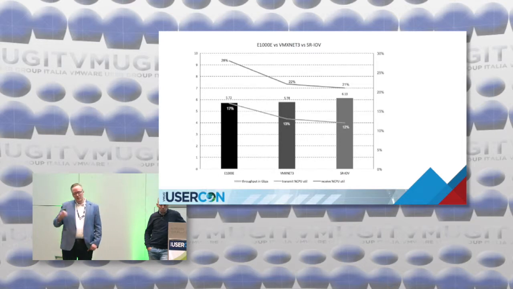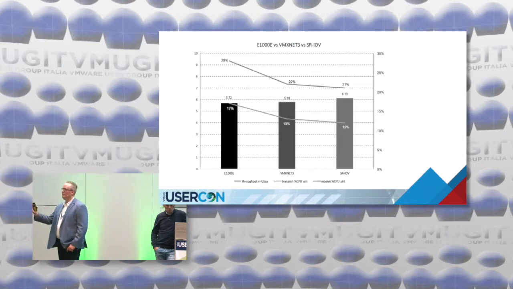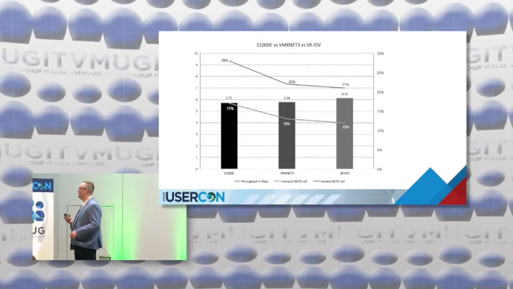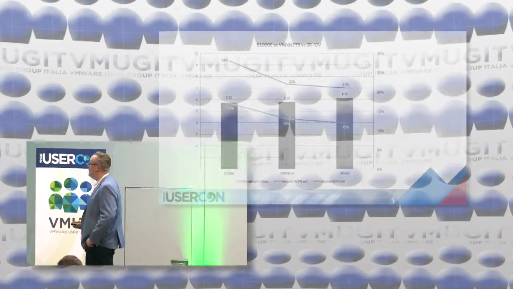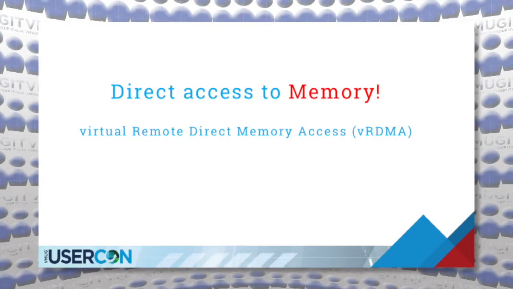Now, if you want to take it a little bit further, we luckily have some innovation going on within vSphere that allows you to directly talk to memory. That is where it's getting interesting, right? This is a new feature, released with the 6.5 release of ESXi: virtual remote direct memory access, or virtual RDMA.